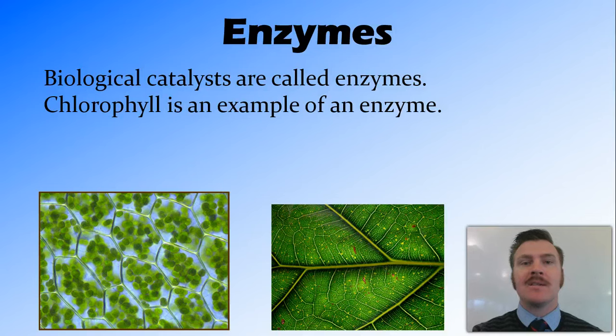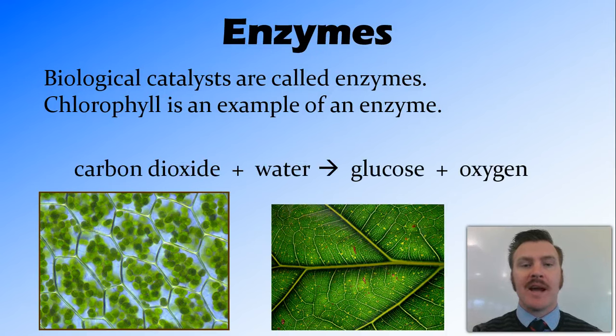Now, an enzyme is the special name that we use for a biological catalyst, so a naturally occurring catalyst in a biological system. And an example of an enzyme that you should be familiar with is chlorophyll. Chlorophyll is used in the photosynthesis reaction, where carbon dioxide reacts with water to form glucose and oxygen. Now, if you got some water and some carbon dioxide in a test tube and shook it up, they're not going to react.